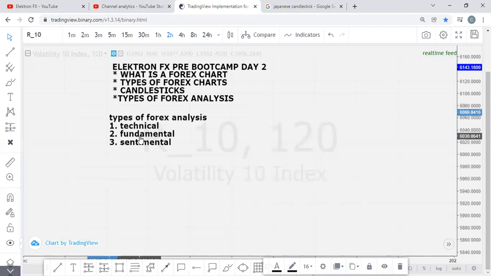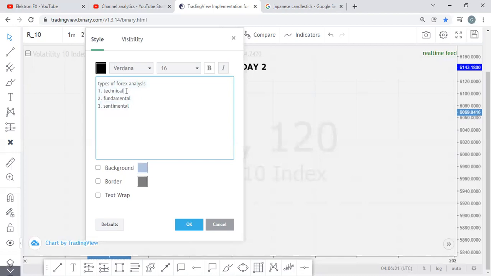So let's start with the first one, which is technical analysis. Technical analysis is simply using the previous price data to predict the future. That's what technical analysis is. So let us define it down here.